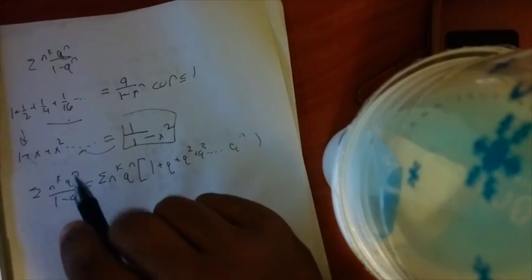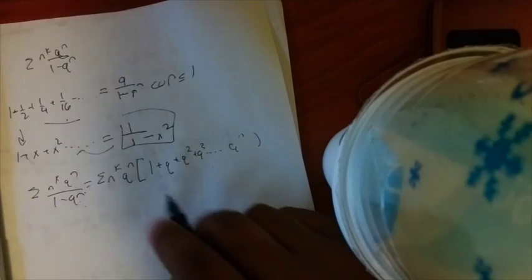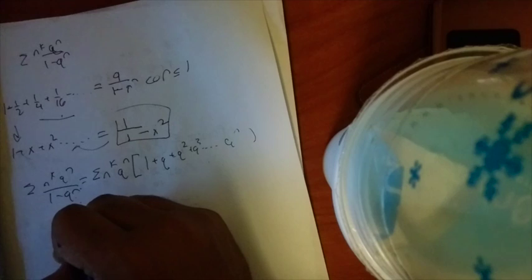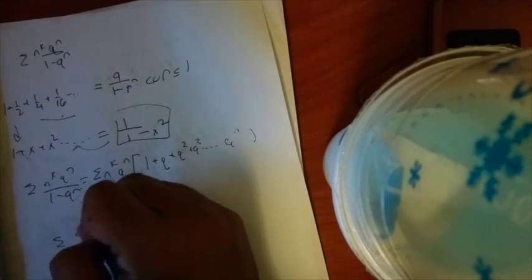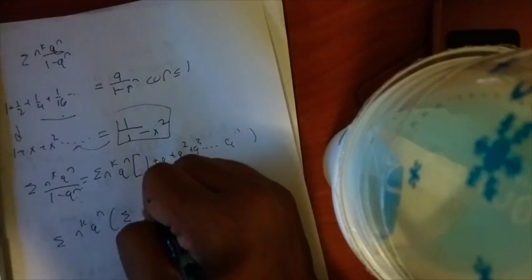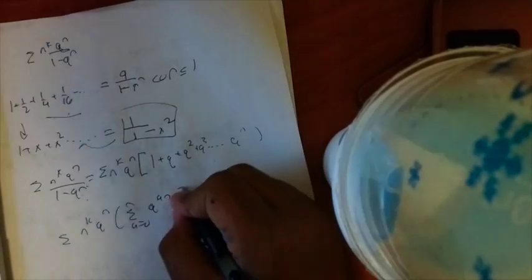So I think your question was, how did you get from the line afterwards? And the line afterward is the summation of n to the k times q to the n times the summation of q to the a n, where a ran from 0 to n.